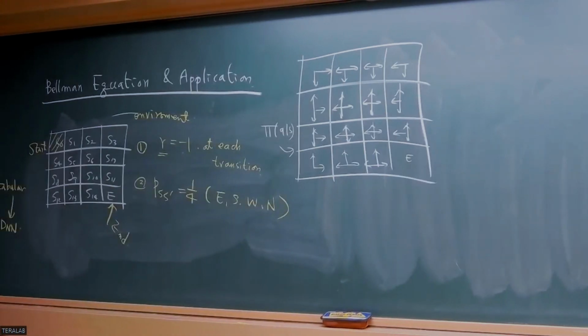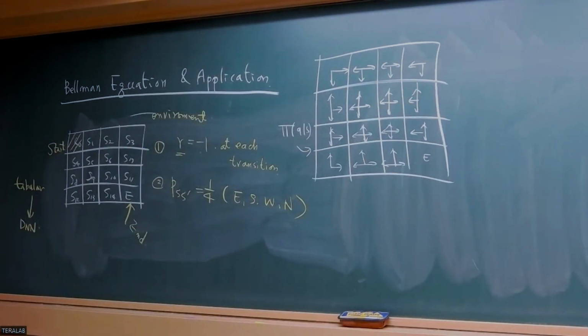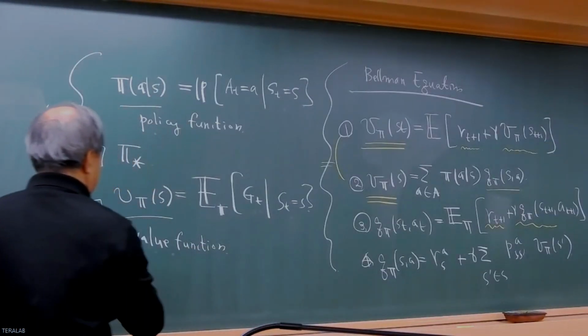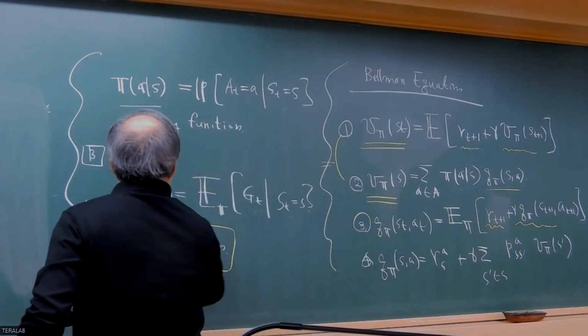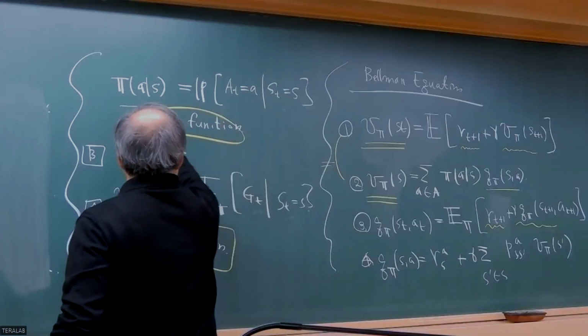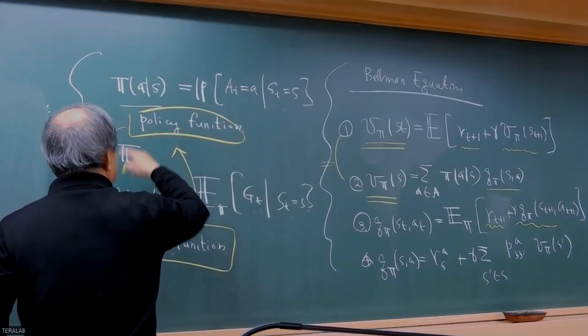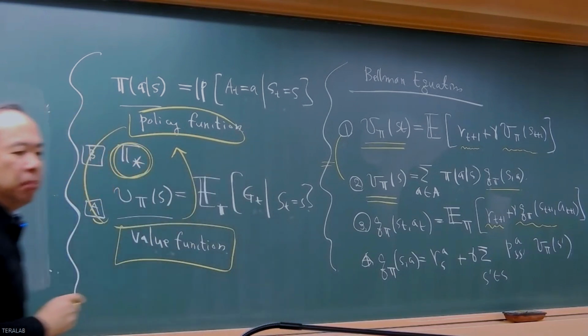Now, our next target is to apply this Bellman equation to obtain the value function. And once we have the value function, we will be able to update the policy, and by iterating value calculation and policy function update, we're going to reach the optimal policy.